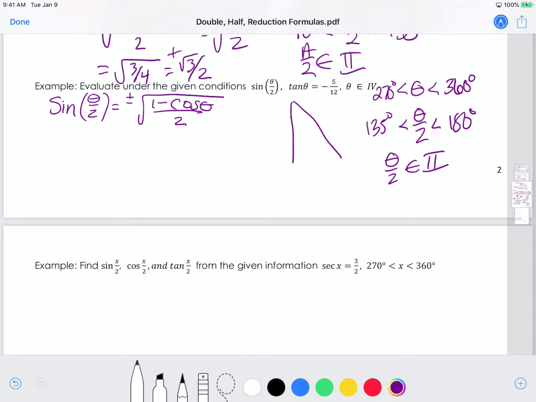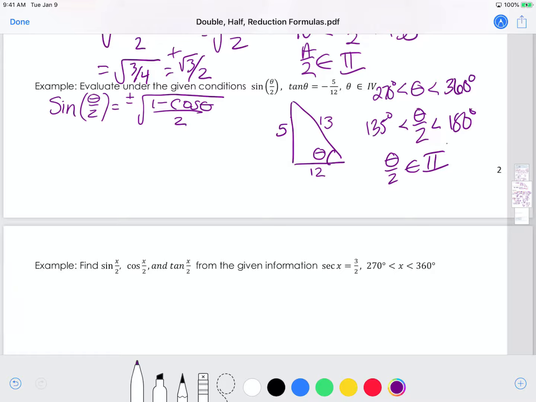We're going to get that by making our triangle and using that tangent of theta is 5/12. We're not going to worry about the negative because we're just keeping track of what quadrant we're in. Tangent is opposite over adjacent, so this is my opposite side, this is my adjacent side. Using the Pythagorean Theorem, I find that the hypotenuse is 13.